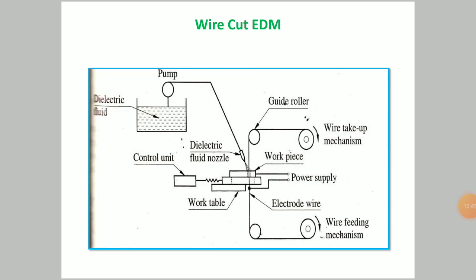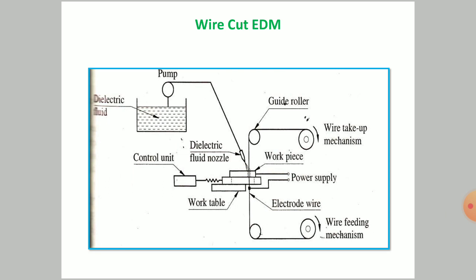Now a very similar methodology is used in wire cut electro discharge machining, wherein in the setup you can see the dielectric fluid pump set. The pump set is connected to the dielectric fluid nozzle, then a guide roller.